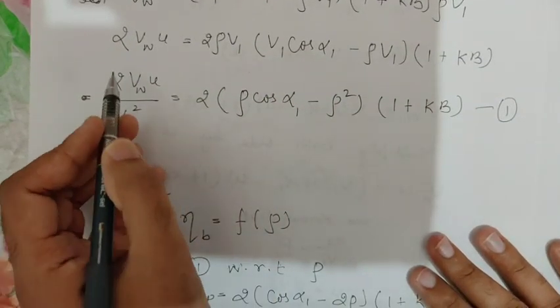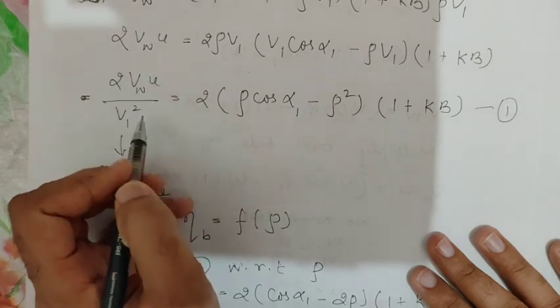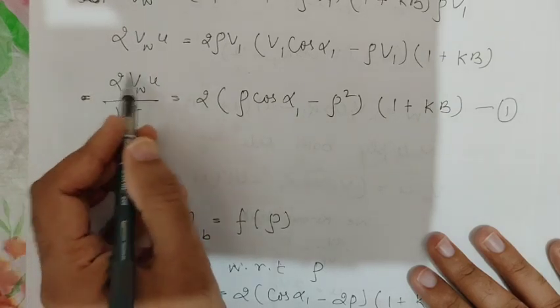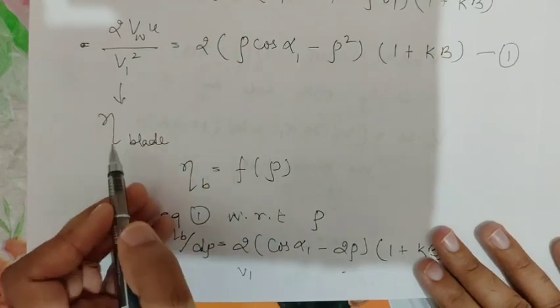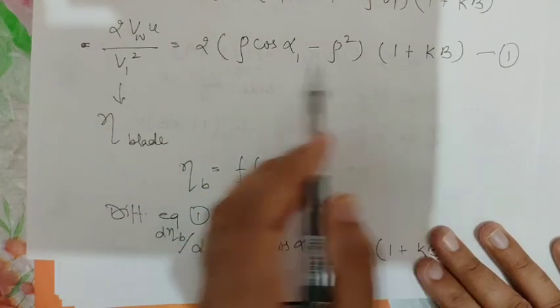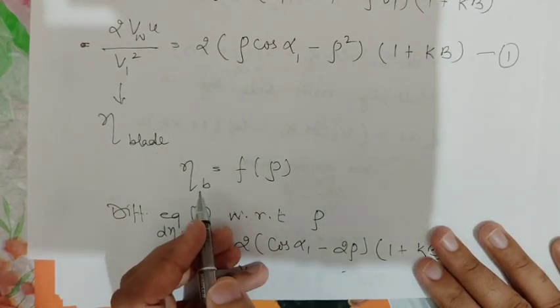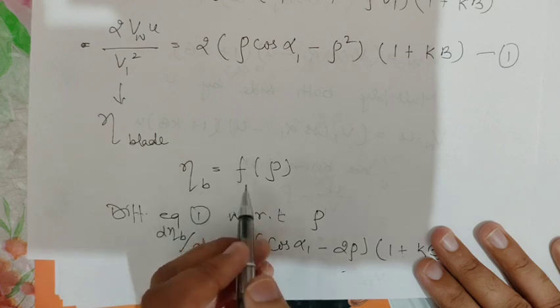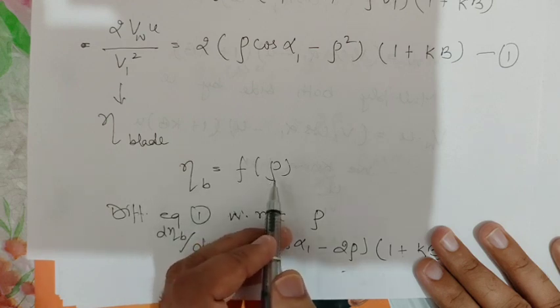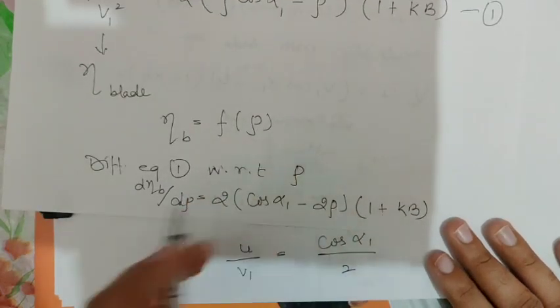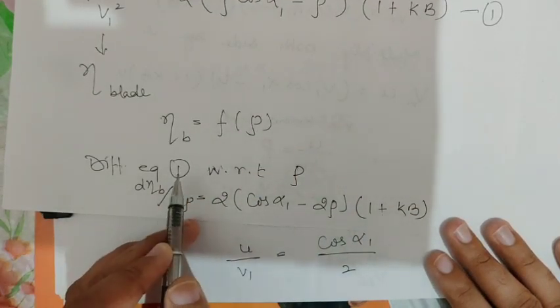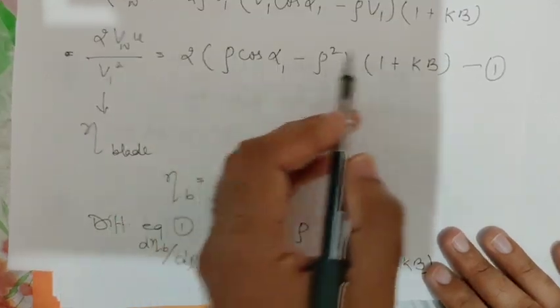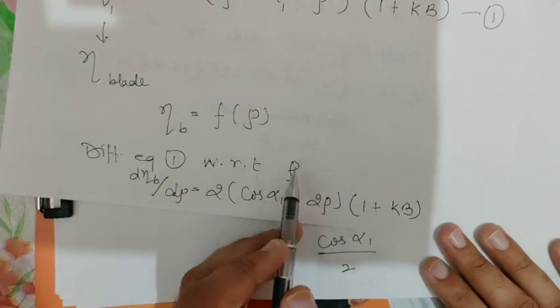And what is this? 2vwu by v1 square is the blade efficiency, and from this equation we can see that blade efficiency is a function of rho, the blade speed coefficient. So we differentiate this equation with respect to rho.